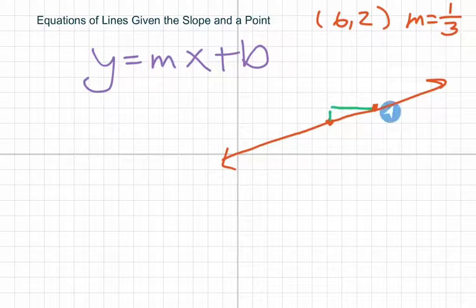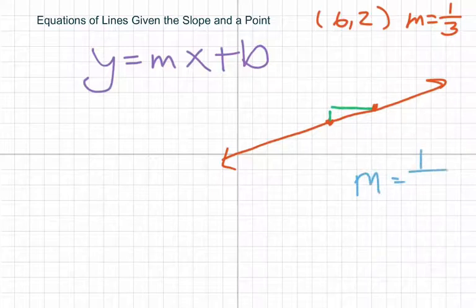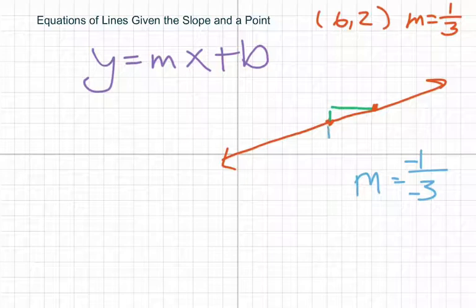So remember that the slope of this line is 1/3. We would normally count up 1 and right 3, which is what I did here. But we could also count down 1 and left 3, because a negative divided by a negative would be a positive. In that case, I would be counting down 1 and left 1, 2, 3, which looks like it would put me right there.